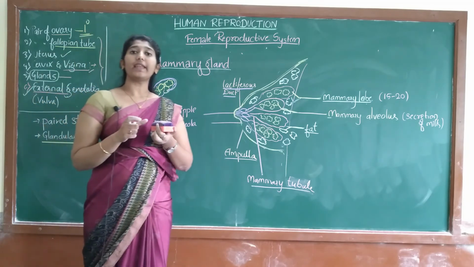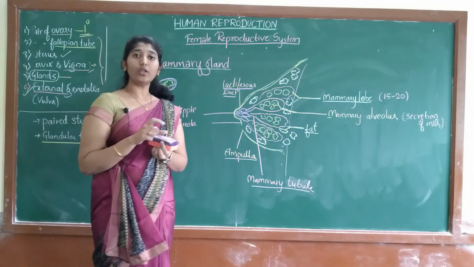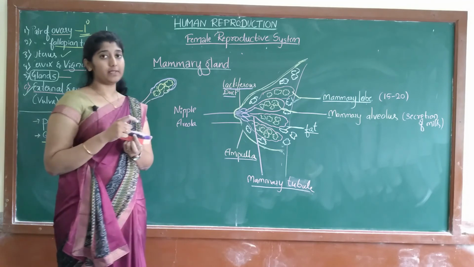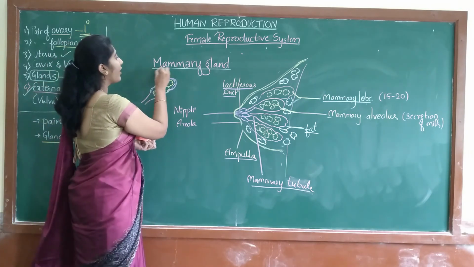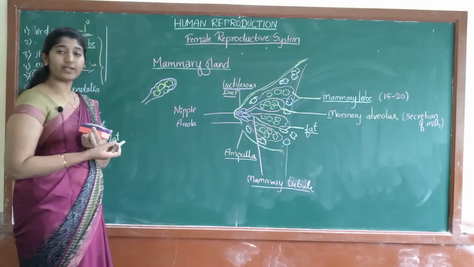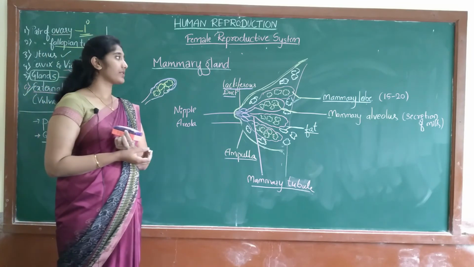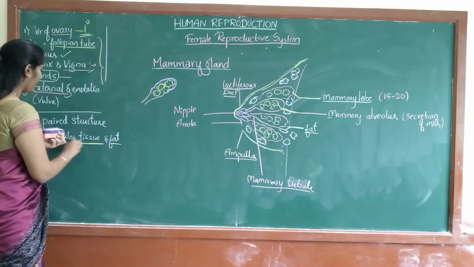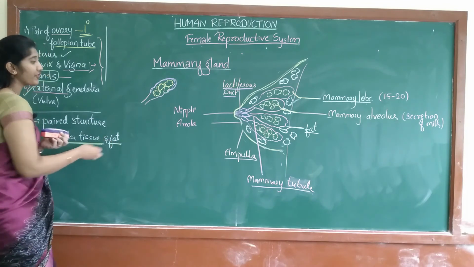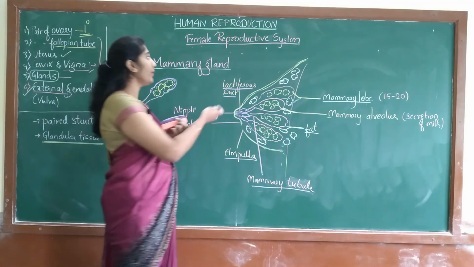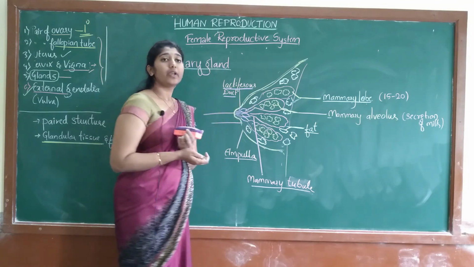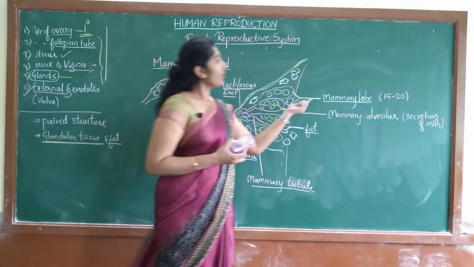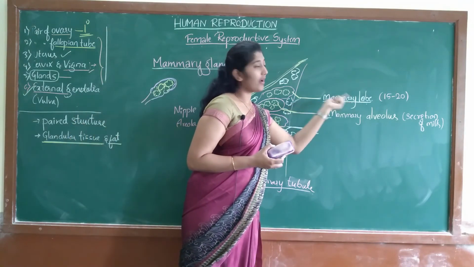The mammary gland is the characteristic feature of all female mammals, and they are two in number. They are a paired structure commonly called the breast, and the glandular tissue and a considerable amount of fat constitute the breast. In each breast, mammary lobes are there.